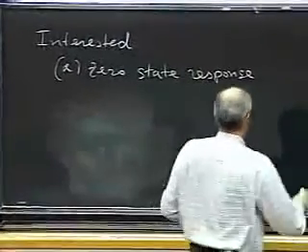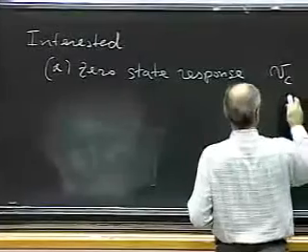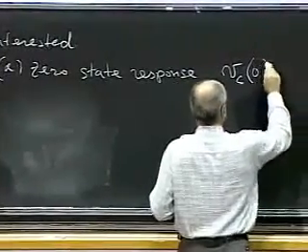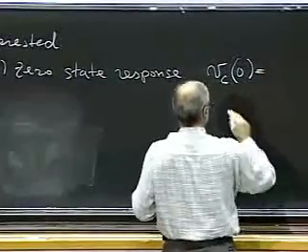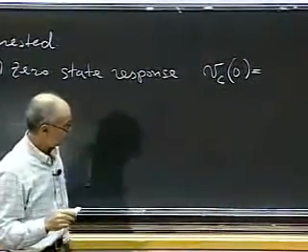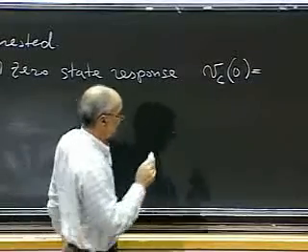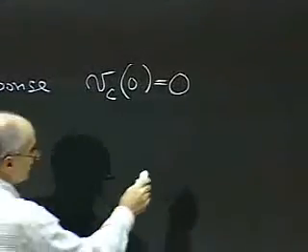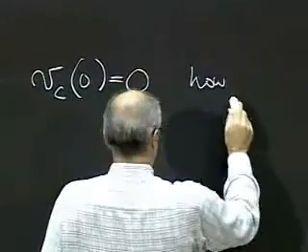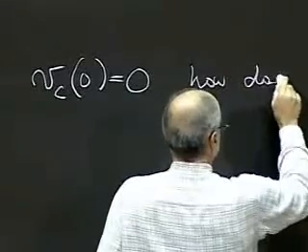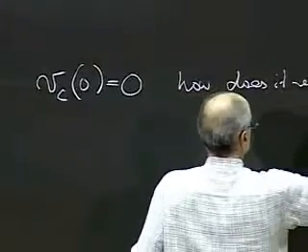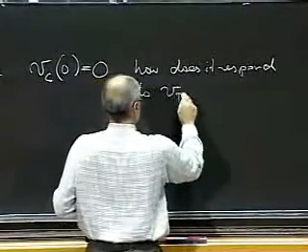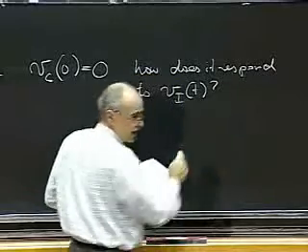It's the response to a condition in which we impose an input and also impose the condition that the initial state on the capacitor is 0. Okay? So then we ask, how does it respond to the input Vi of t?